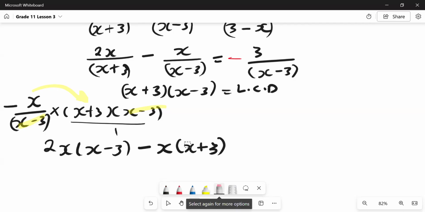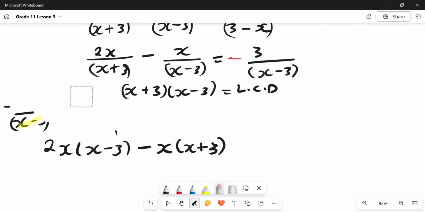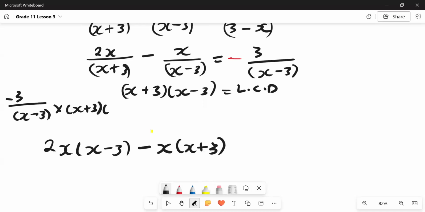And then we're done with that part. Now we're left with the last one. So for the last one, you have your minus 3 over x minus 3 times x plus 3 and x minus 3. Now try to cancel again.